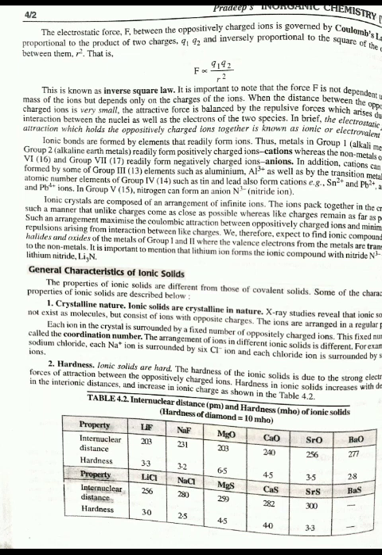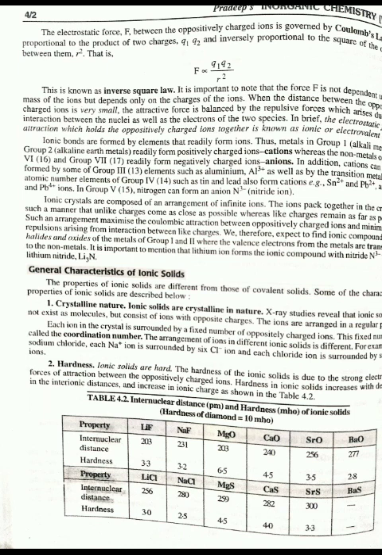In addition, cations can also be formed by some of group 13 elements such as aluminium, Al3+, as well as by the transition metals. High atomic number elements of group 14 such as tin and lead also form cations. Example: Sn2+ and Pb2+ and Sn4+ and Pb4+ ions. In group 15, nitrogen can form an anion, N3-, nitride ion.